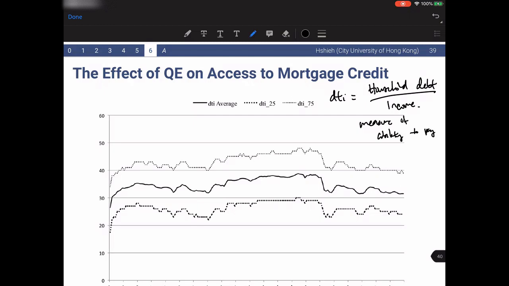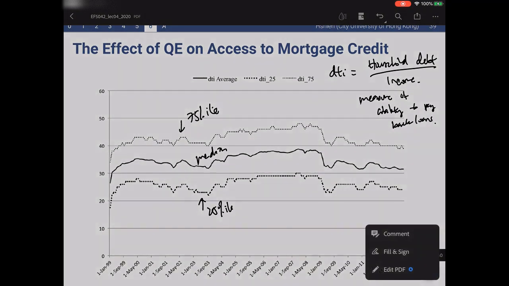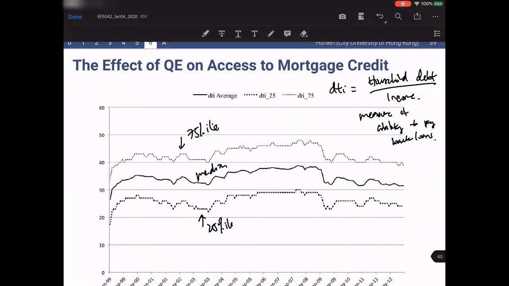Pay back loans. Okay. So similarly, the lightly dotted line is the 75th percentile. This is the median, and this is the 25th percentile. And our monetary policy shock occurs around here.